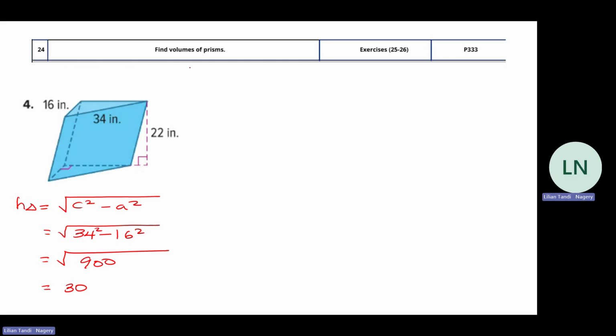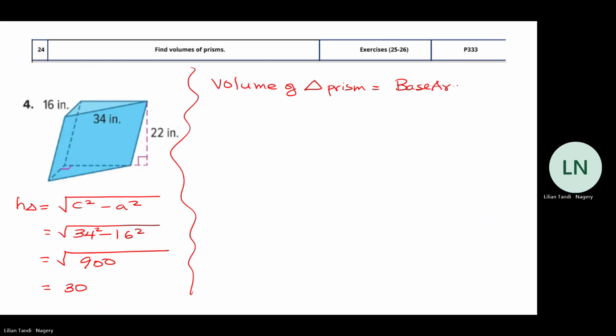Okay, then I need to find volume of triangular prism, which equals base area times height of the prism.